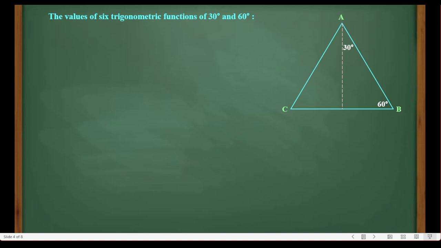As a result, because of this perpendicular bisector, this equilateral triangle is divided into two congruent right triangles, wherein each of the two equal parts is a 30-60-90 triangle.